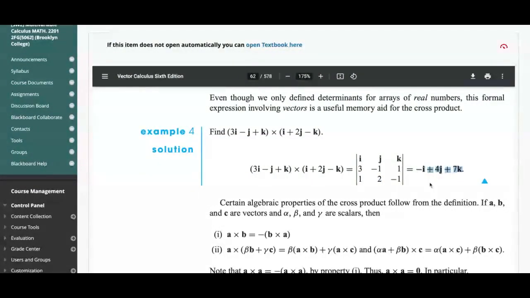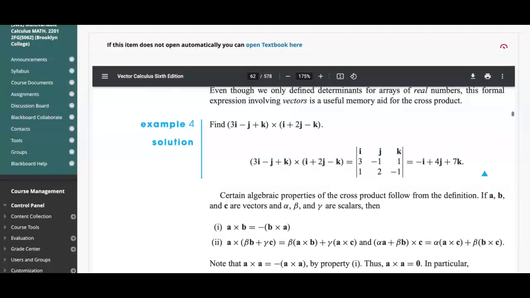All right, so we have 3 kinds of product for vectors: scalar multiplication, dot product or inner product, then cross product. Scalar multiplication, we still get a vector back. Dot product is a number. Cross product is still a vector. Determinant is a number. All right.